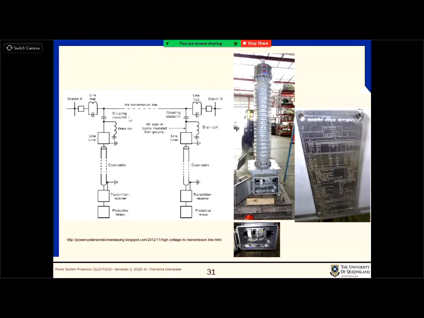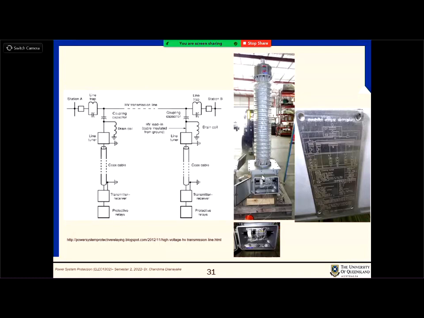You can see that this is the high voltage transmission line, right? And then on the right hand side you can see a real VT, a real voltage transformer. Inside this box you have the windings, and this column is bushings, to get the sufficient insulation between the live and the ground, right?